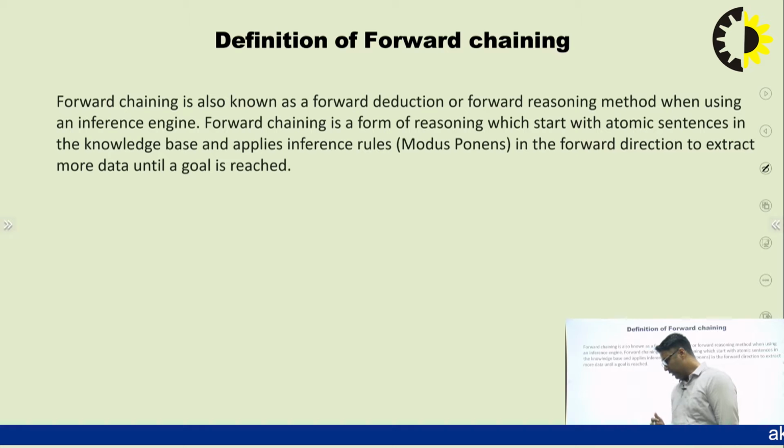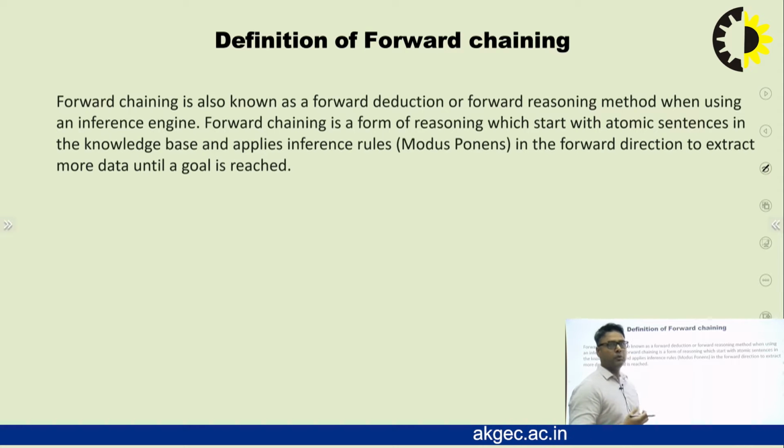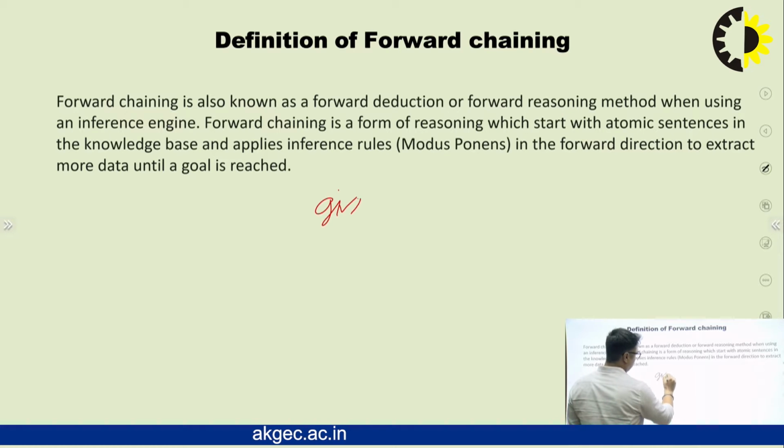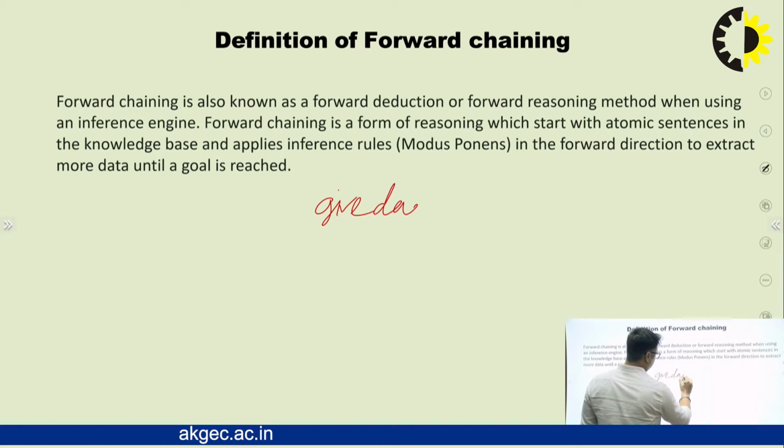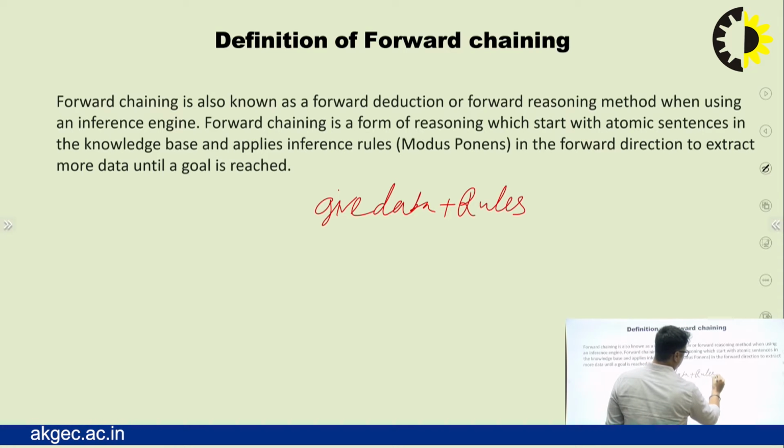That means in forward chaining, I have to collect the knowledge, add some rules and logic on that knowledge, and provide some new conclusion. That is called forward chaining. Already discussed: some data is given, plus some rules, and then find the conclusion.